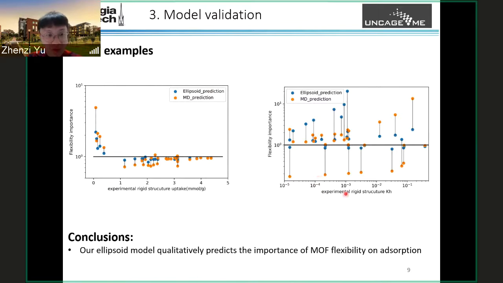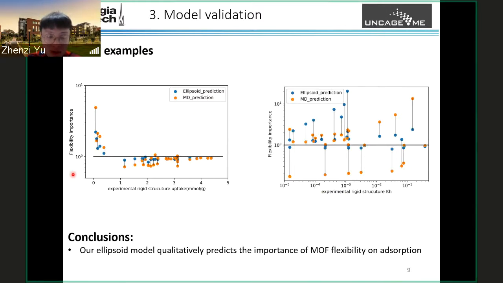I just picked 5 MOFs out of the 20 MOFs as the illustration here. The left figure is the prediction from the ellipsoid method, which is the blue dots, and the orange is the prediction from MD. And we can see from here, the y-axis is the flexibility importance.